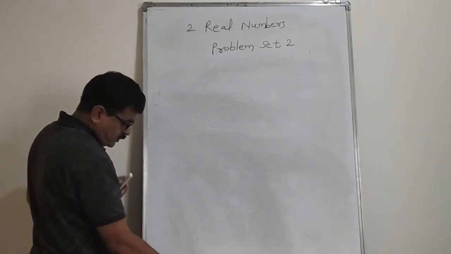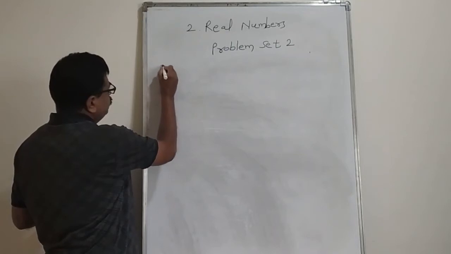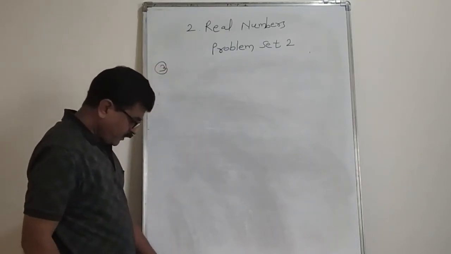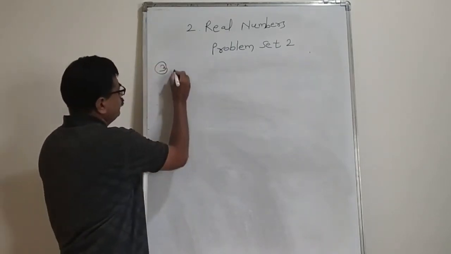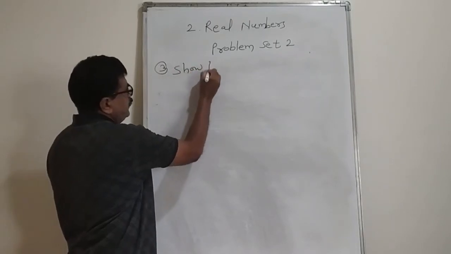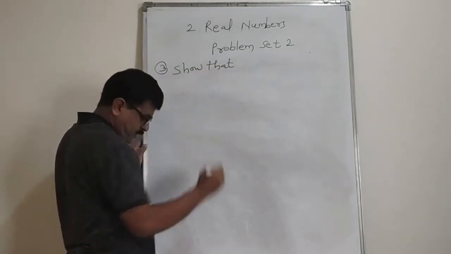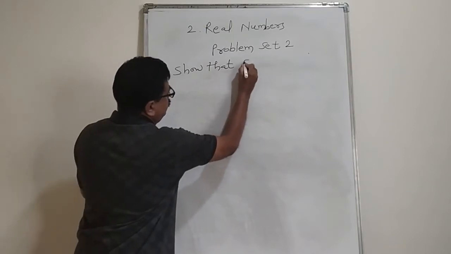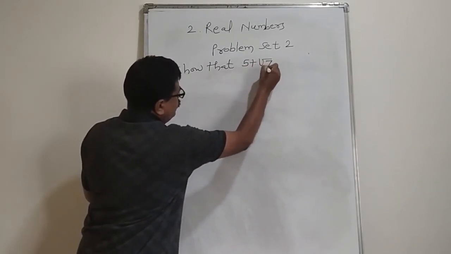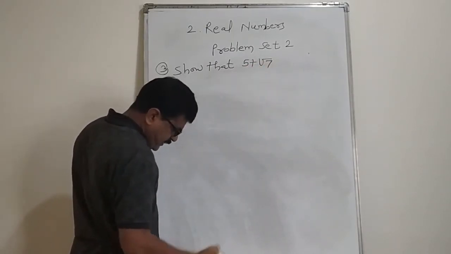Next question. Question number 3. Show that 5 plus square root 7 is an irrational number.